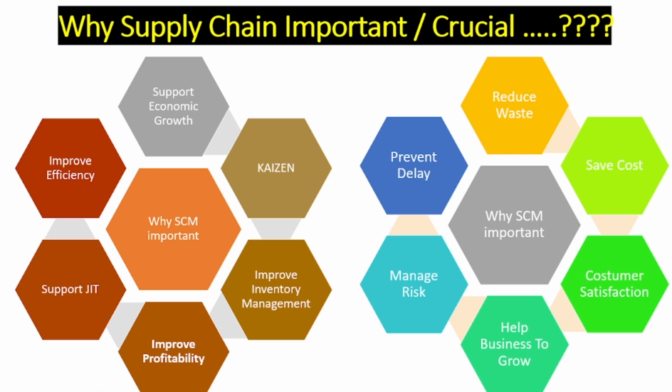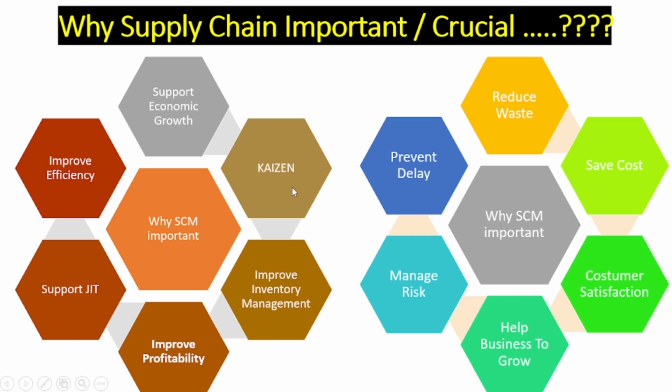Kaizen is a Japanese term used for continuous improvement, and it has 5S. I'm not here to explain the 5 steps and what Kaizen is mainly. Just understand why Kaizen is important in supply chain management.